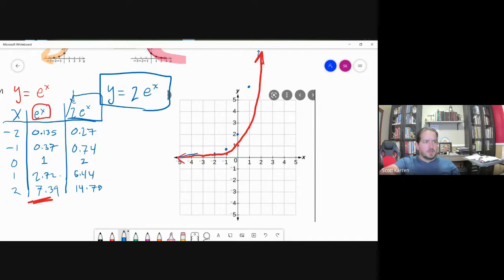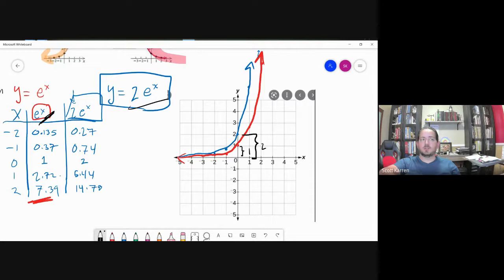And so if I plot this, it's not the best, right? But the point here is that if my y value is 1 on e to the x, then that y value is 2 on 2 e to the x.